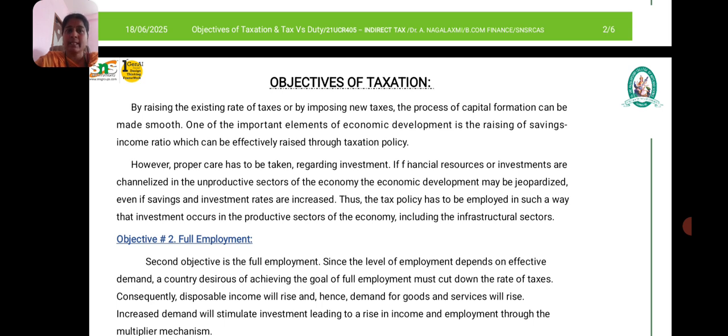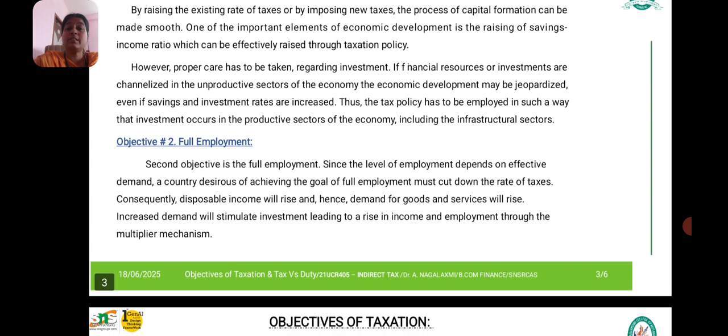For all these things, the government has to get tax from individuals as well as from corporates. For the infrastructural development of the country, for developing new government sectors, it will provide incomes, employment opportunities, everything. So the main purpose is economic development.